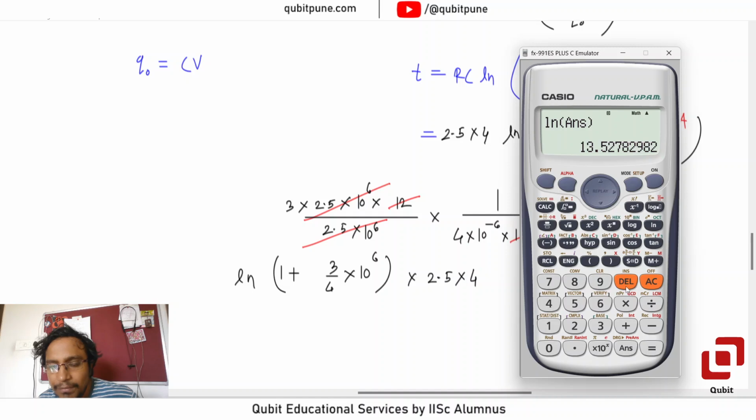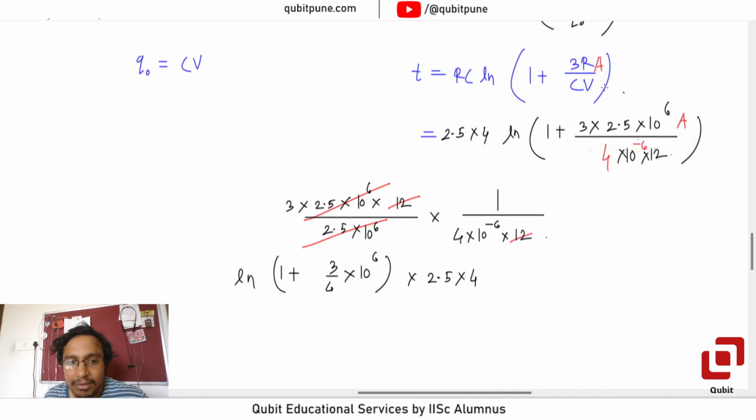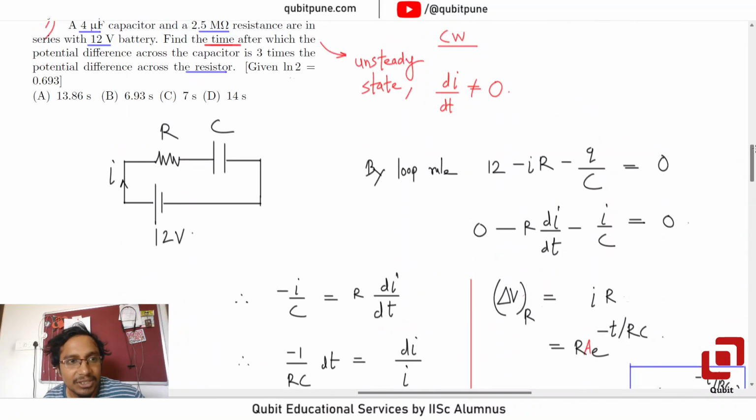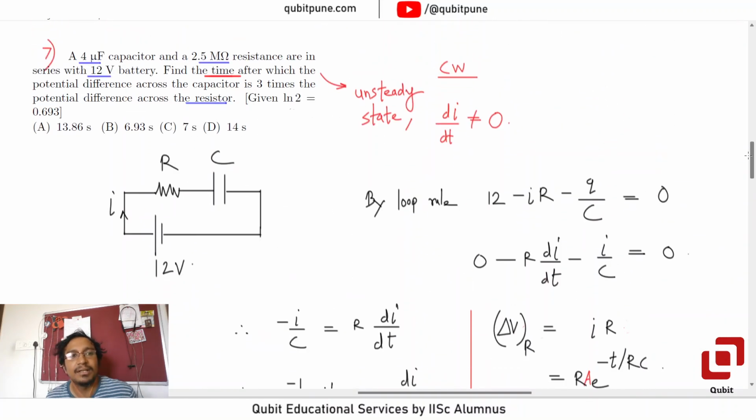This is 13.52, but then 2.5 into 4, that is not 1, that is 10. Hai na? So the answer that you will get is 13.52 into 10, and that doesn't fit. Just because the digits match doesn't necessarily mean that the answer should be that.